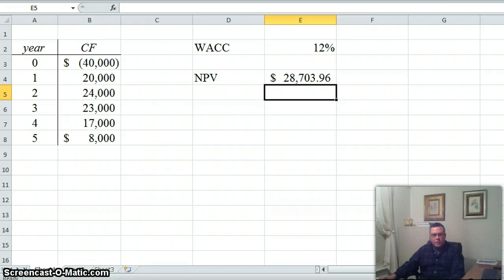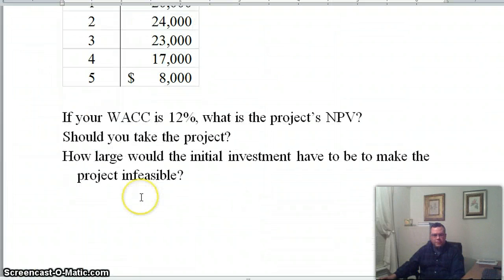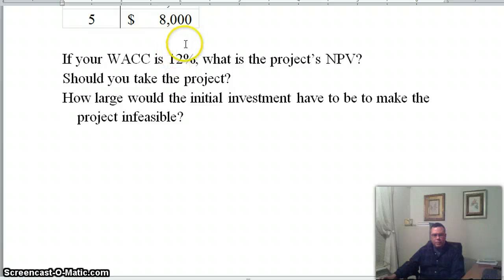So let's go back and look at our questions. The first one said, if your WACC is 12%, what's the net present value? That's the 28,000, whatever. And then should you take the project? Well, if it's a positive NPV, you take the project. Okay, right off the bat. And then the last question says, how large would the initial investment have to be to make the project infeasible?